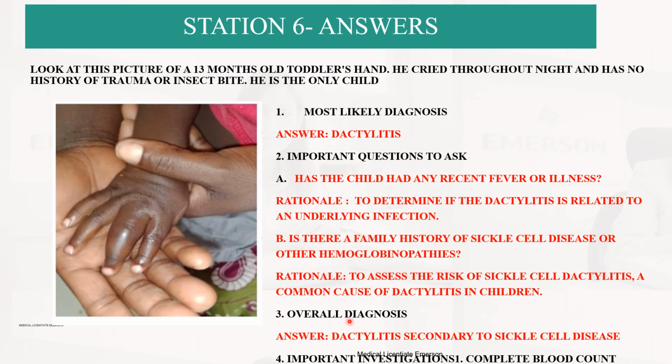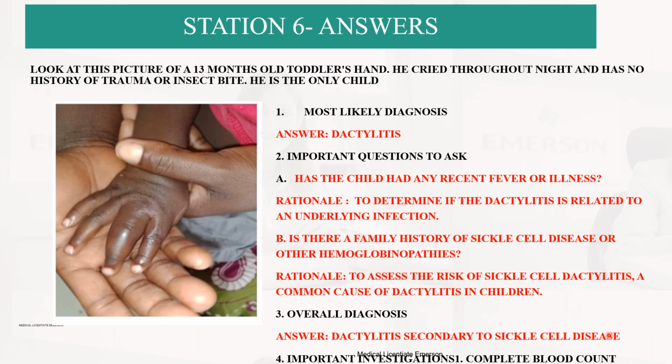So our overall diagnosis is dactylitis secondary to sickle cell disease. Or if you want to make it sound nice, you can say sickle cell dactylitis. That's the overall diagnosis. This dactylitis secondary to sickle cell disease is usually our common diagnosis in our setup.